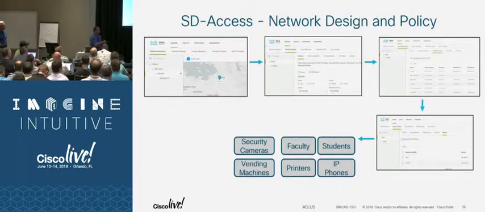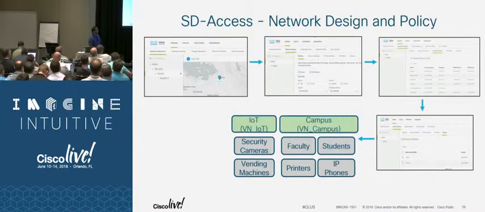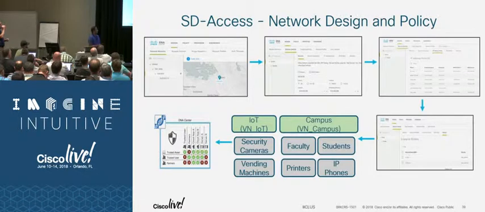Then we thought about our scalable group tags, creating our user groups, giving a tag to those user groups, or thinking about the device groups and giving an SGT to those. Then we thought about our macro segmentation, which is creating virtual networks, so that one user group will not be able to talk to the other group. And if it's in the same VN, then we did micro segmentation, creating SG ACLs. So this is a quick recap.